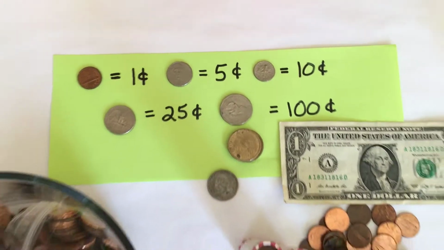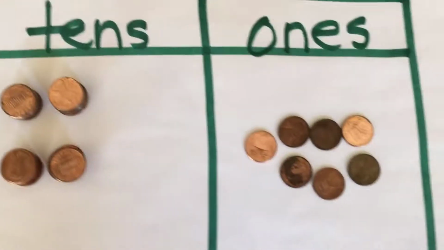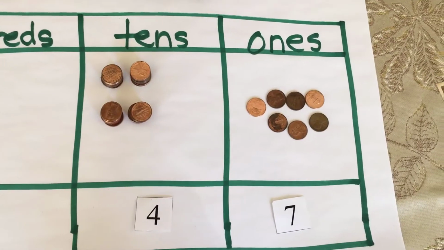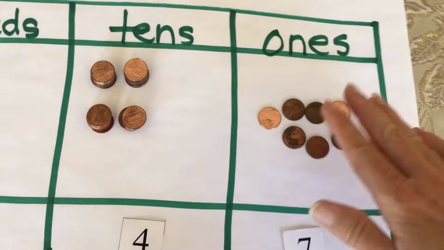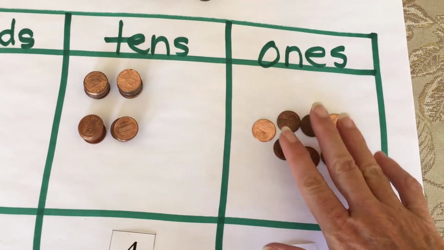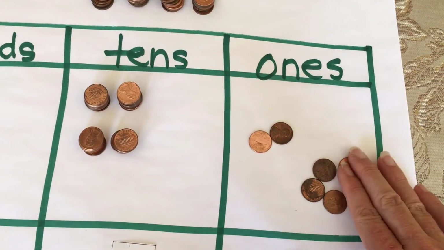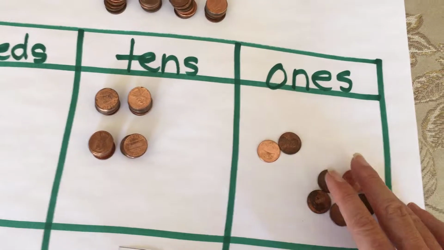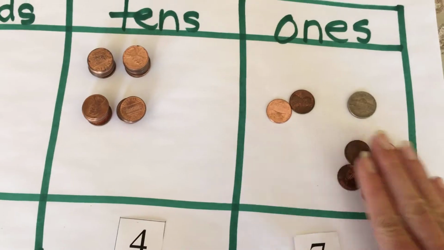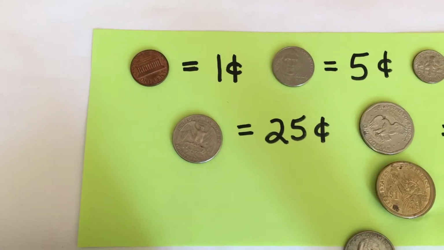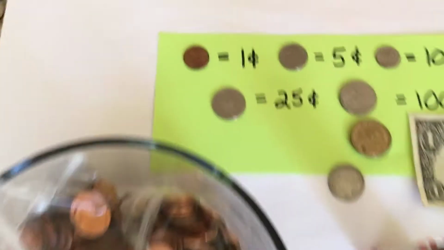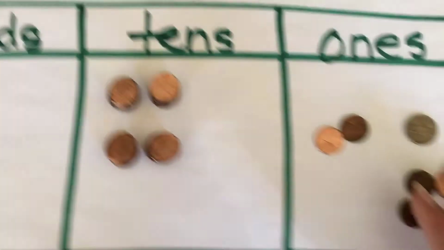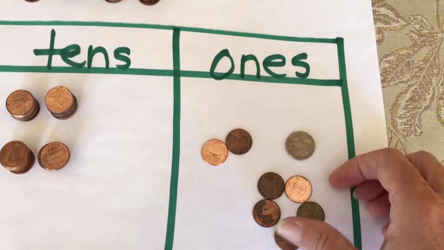So if you are doing trades and you want to have, say, something like 47, you can say, okay, I have 7 pennies, but if I take out 5 pennies, I can trade that for a nickel because those are equal. 1 penny is equal to 1 penny, and 5 pennies is equal to 1 nickel, so I can trade those out.